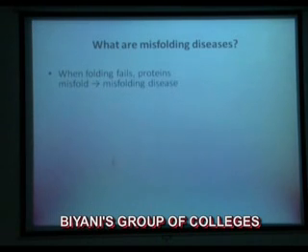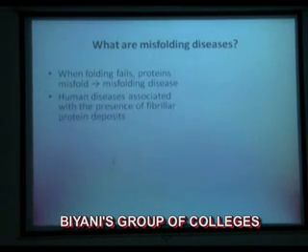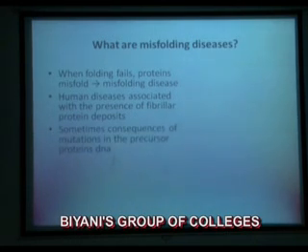Misfolding diseases is the common name for human diseases associated with the presence of fibrillar protein deposits. In some cases, this happens because of mutations in the precursor protein's DNA, but in most cases, there are other causes, like the previous speaker already talked about: lifestyle, environment, food, whatever.